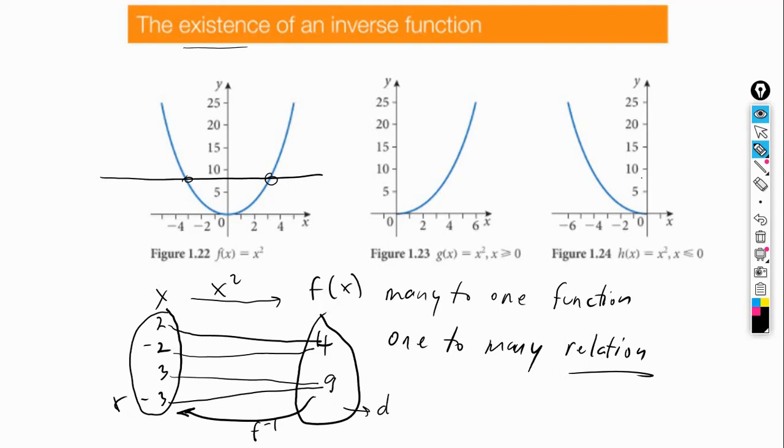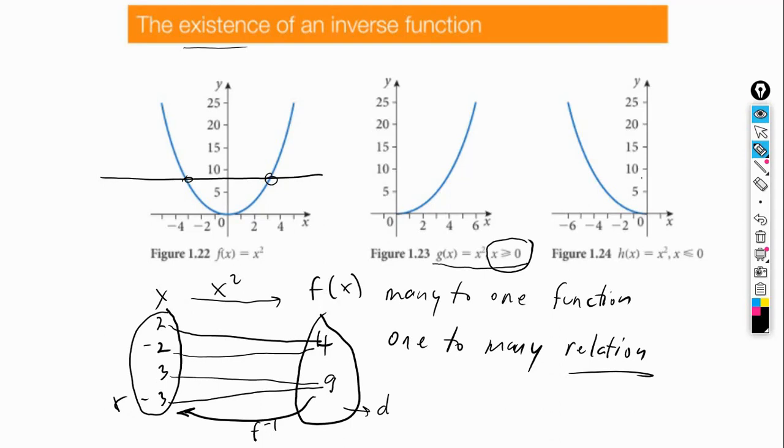But what can we do in order for this to have an inverse? Well, we can restrict the domain. So notice that in figure 1.23, the domain of x squared is restricted to x greater than or equal to 0. As a result, we have this curve, this partial parabola, right? This would be half of the parabola.